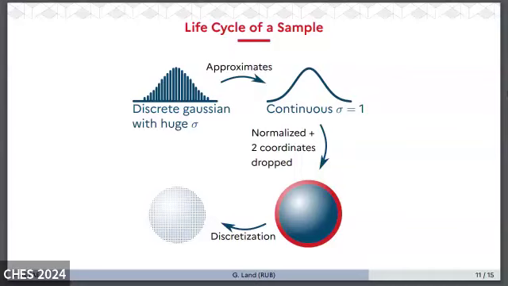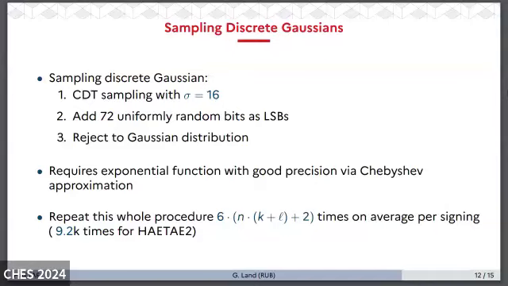Okay, then the next question is, how do we actually sample a discrete Gaussian with a huge sigma? And that's actually a more or less known technique. So we start with a discrete Gaussian with a somewhat small standard deviation of 16. That's done by a CDT sampling, so we have just a pre-computed cumulative distribution table.